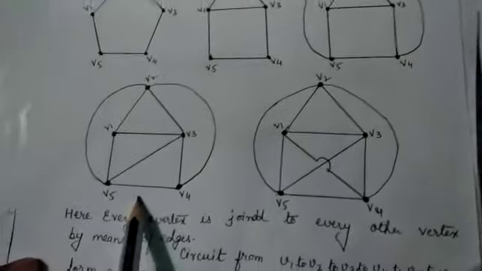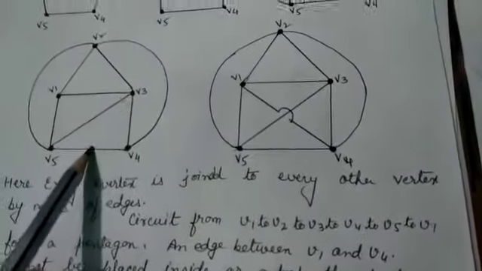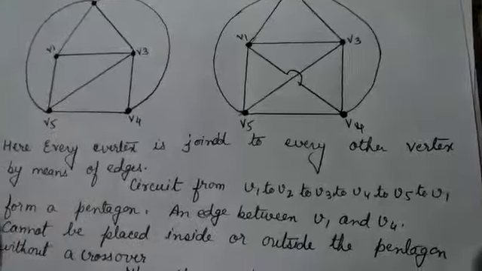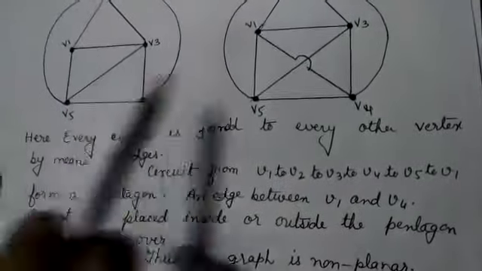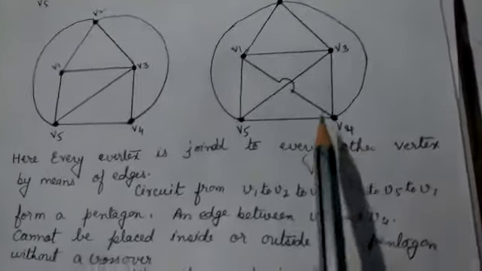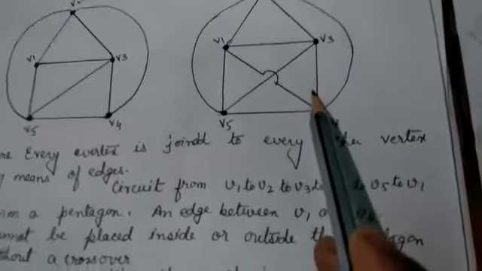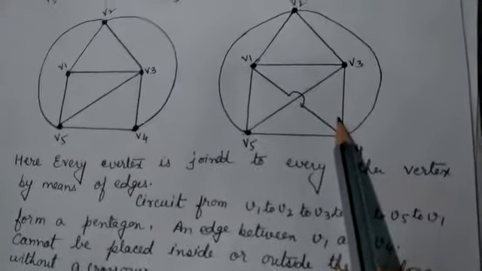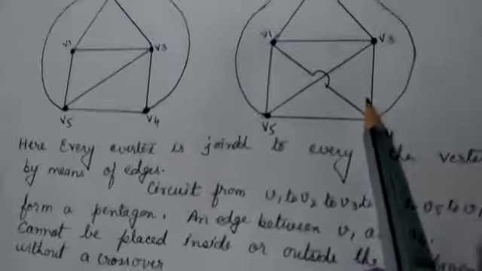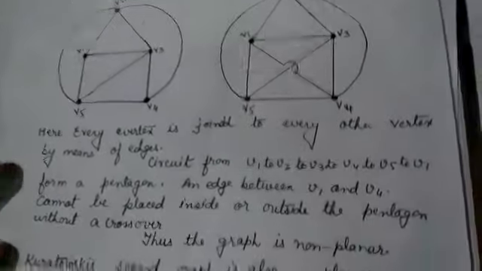In the next one, V5 and V3 are also joined. Now the only two vertices which are left are V1 and V4. So for an edge between V1 and V4, the moment we draw this edge, we will get a crossover. And thus this graph is a non-planar graph. So this is Kuratowski's first graph of 5 vertices and it is non-planar.